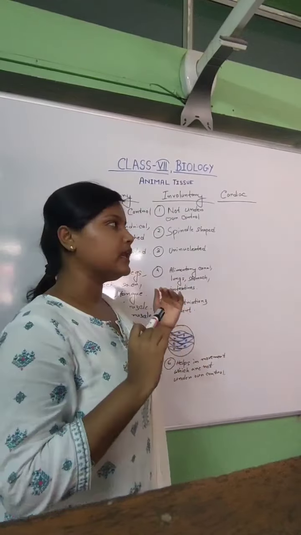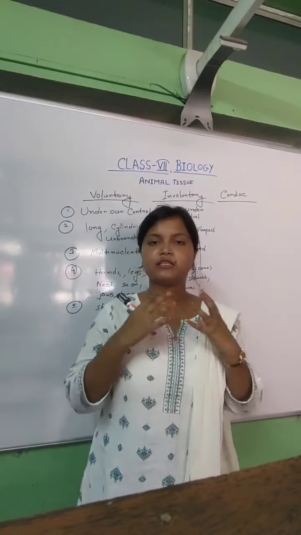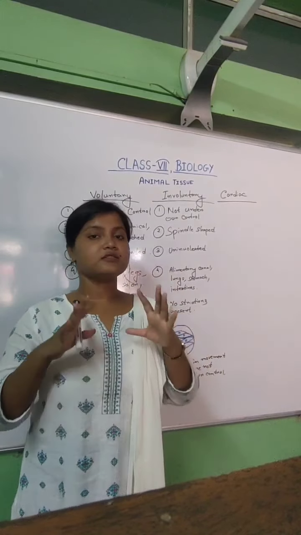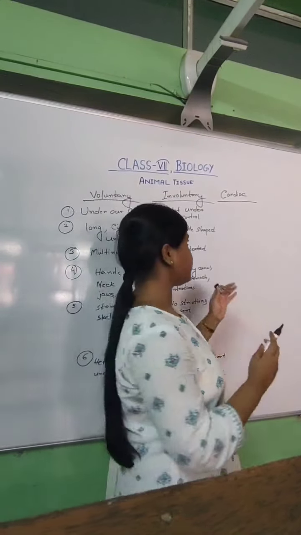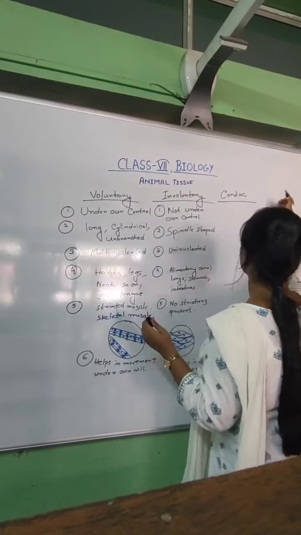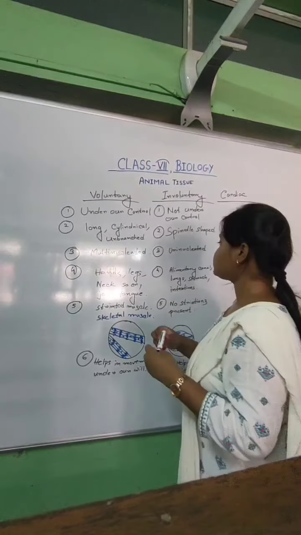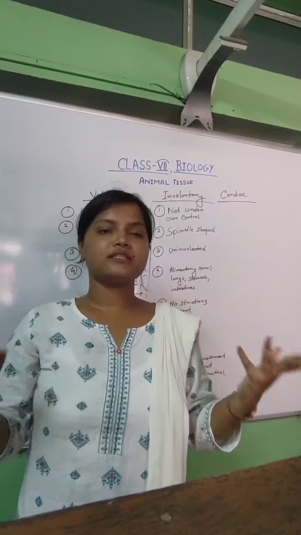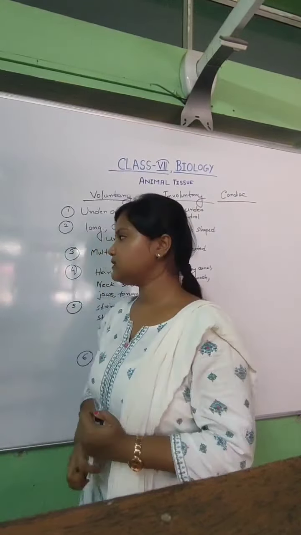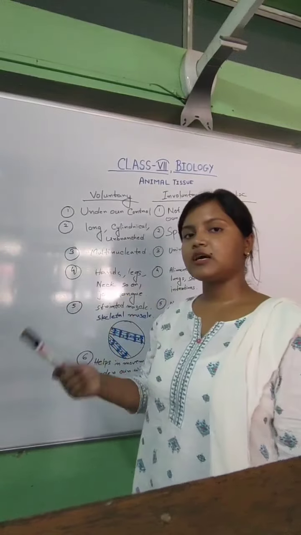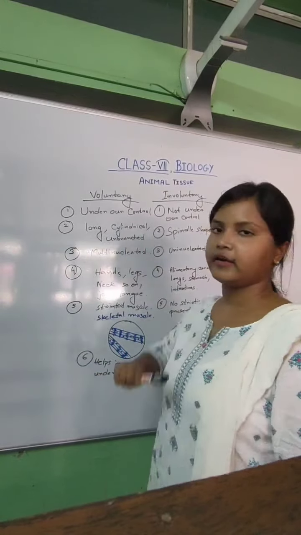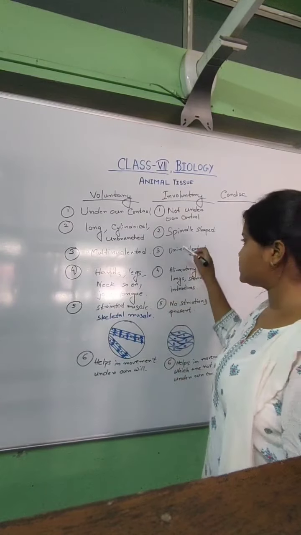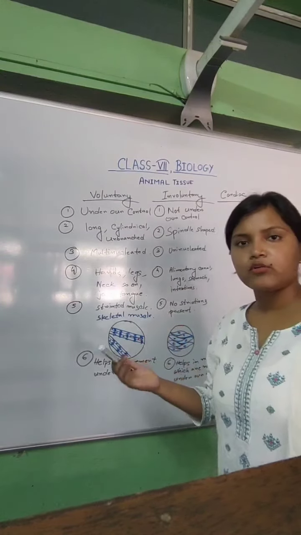The cells or tissues it is made up of are a specialized type, called the cardiac muscles or cardiac muscle tissues. What is the specialization? Structure wise, it resembles voluntary muscles. It looks like voluntary muscles, but the function you all already know. Can you control your heart?